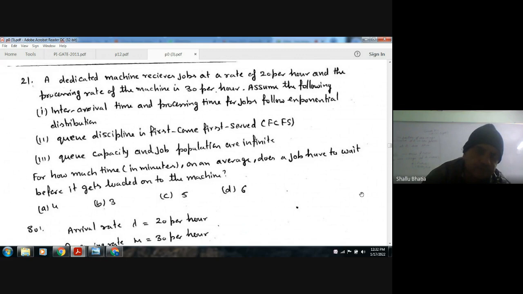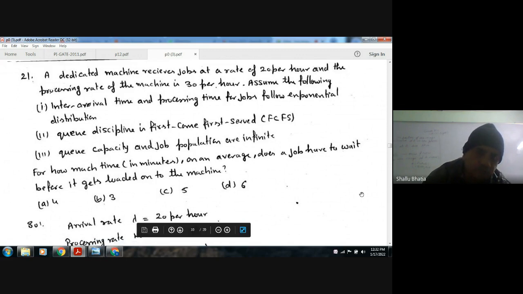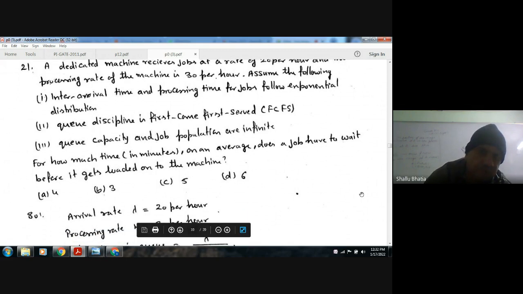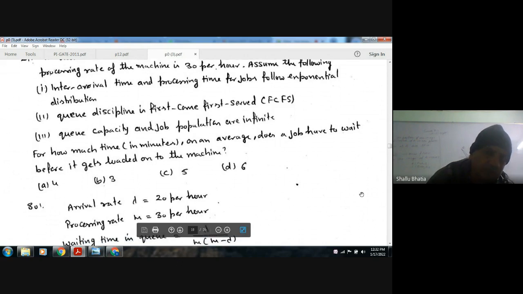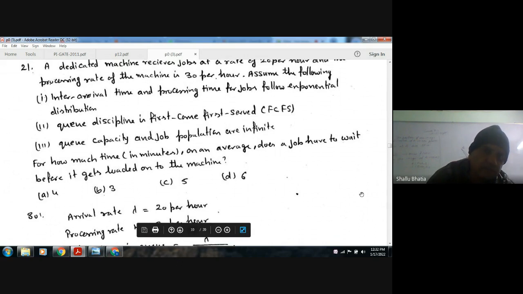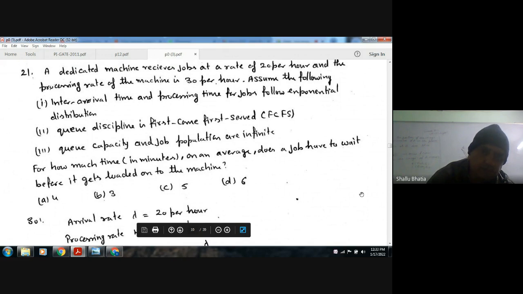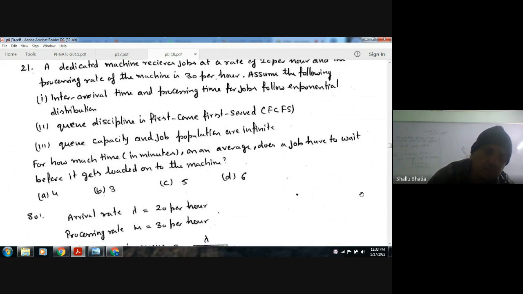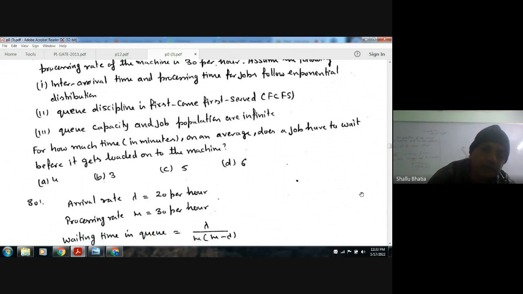Okay. So the queue discipline is first come first served, and the queue capacity and job population are infinite. These two conditions are given. The inter-arrival time and processing time follow exponential distribution in queuing theory.